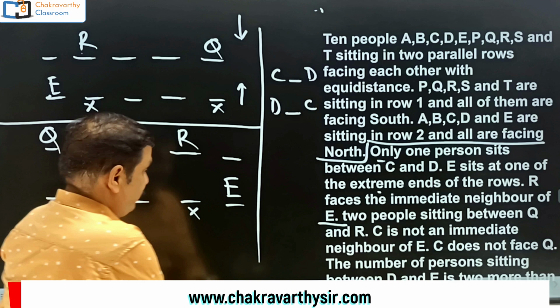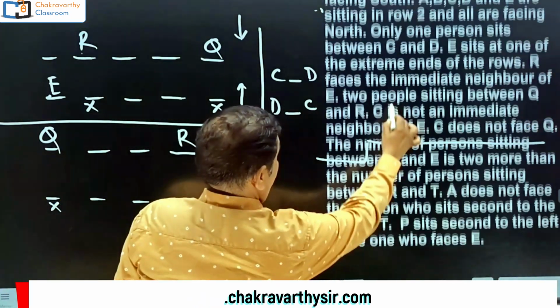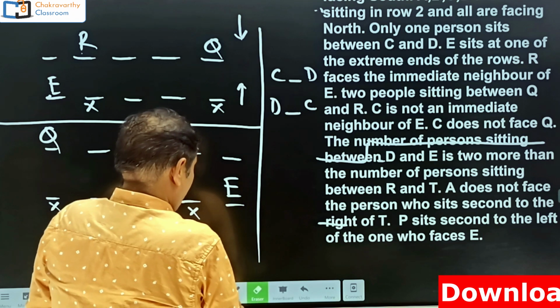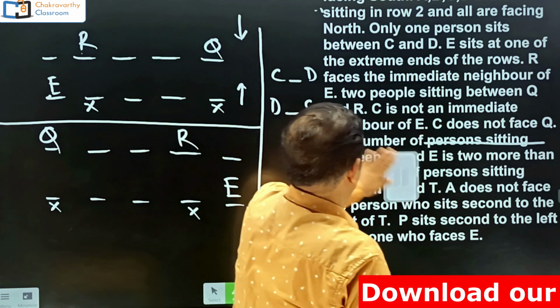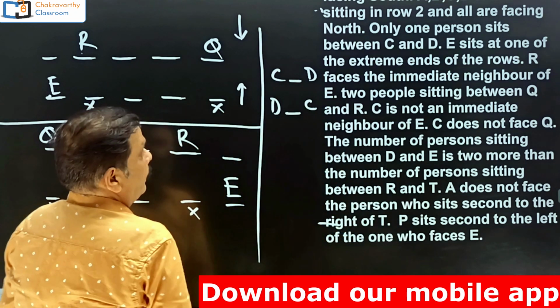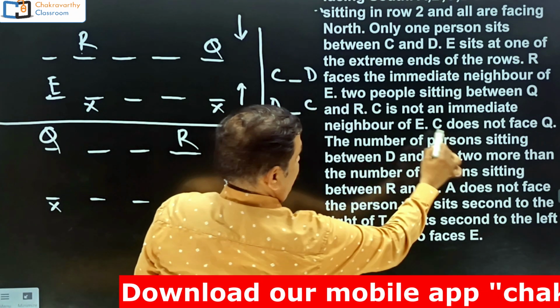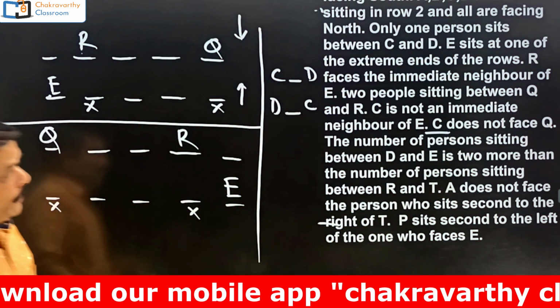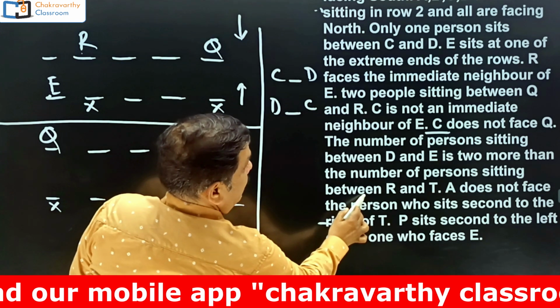What's the further information they have given? Just taking it up. Up to this extent it is over. Right. Now, C does not... Okay, this is over. After that, the number of persons sitting between.